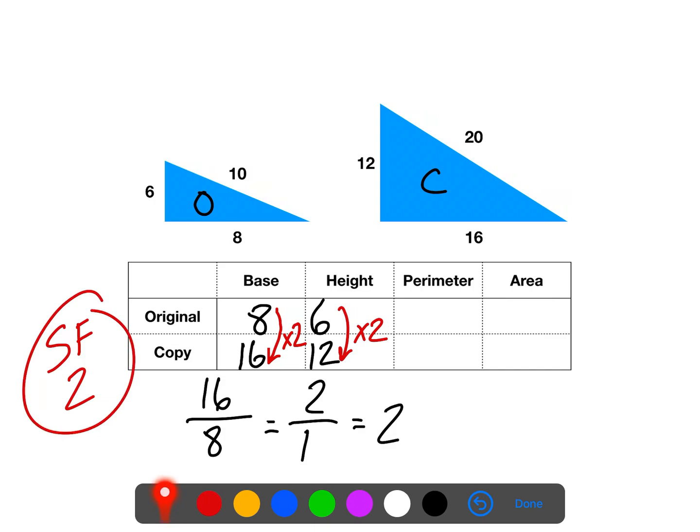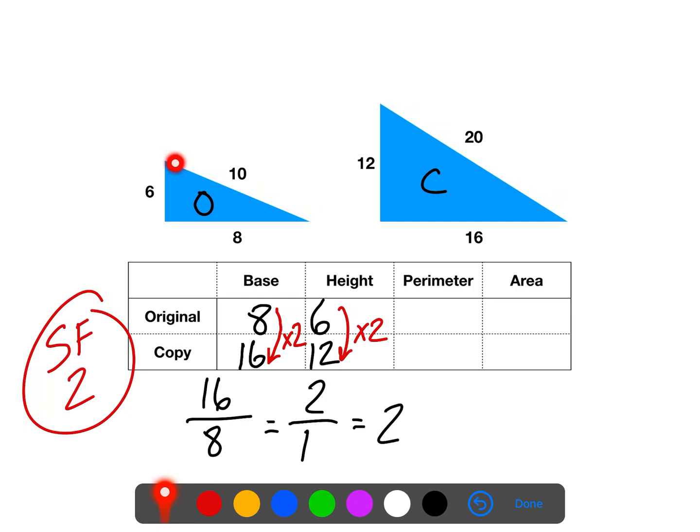Now let's look at perimeter. Perimeter is the distance around the outside of a figure. So it would be like walking along a sidewalk around each outside edge of this triangular park, or building a fence around the outside edges of a triangular yard.